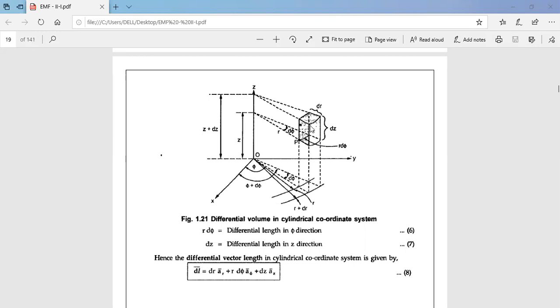Now there is one more thing you have to see first. What direction is this surface in?